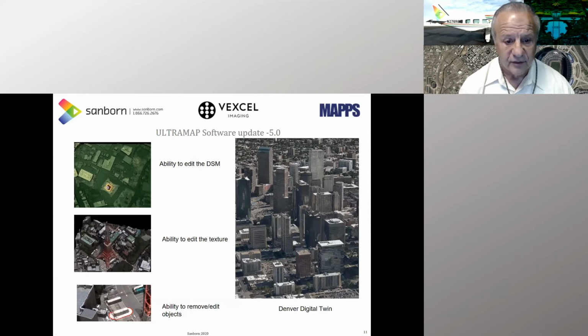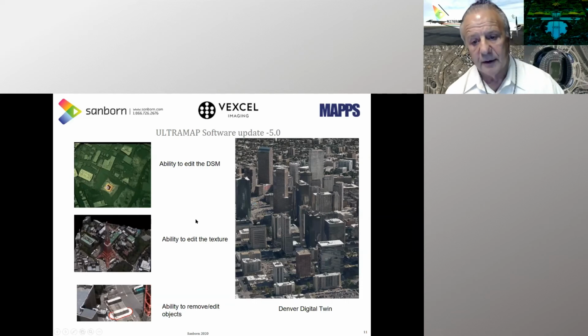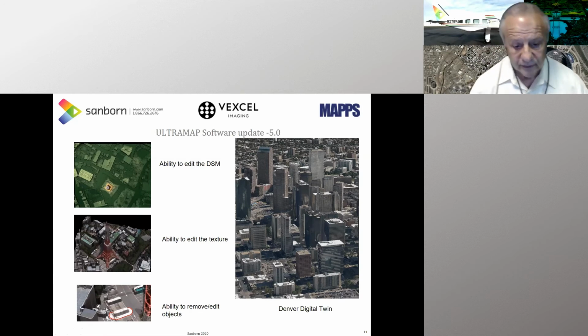So this gives you the ability to do a lot of manipulation to the data that can then be used to create a 3D model or a digital twin. You can edit actually the tin that underlies these mesh digital twins.